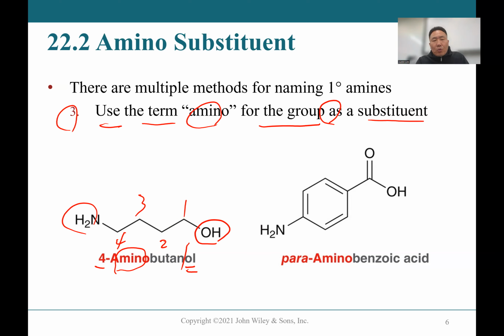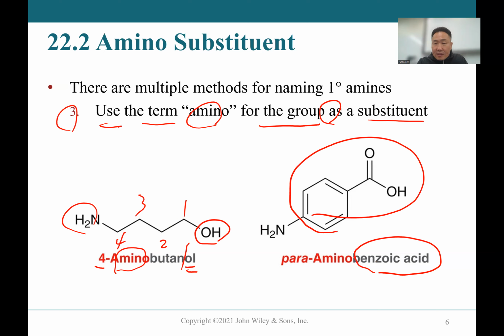So 4-aminobutanol. Also, this is benzoic acid. So 1, 2, 3, 4. At C4, you can see the amino group. So you can write 4-aminobenzoic acid or para-aminobenzoic acid. You can use either one.